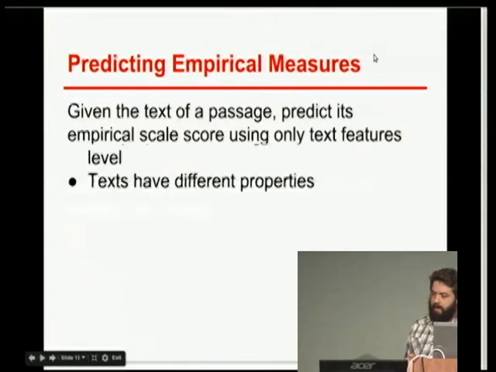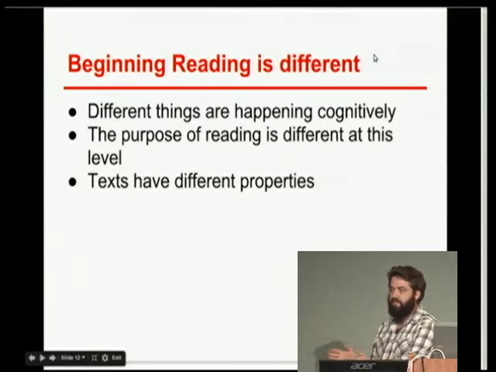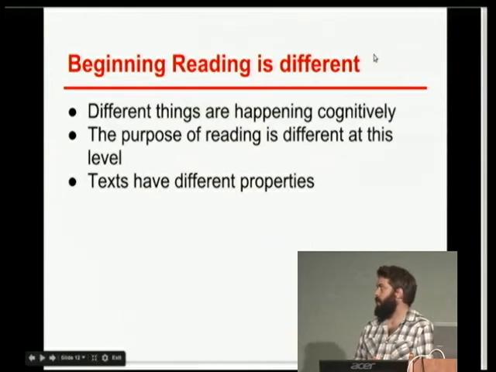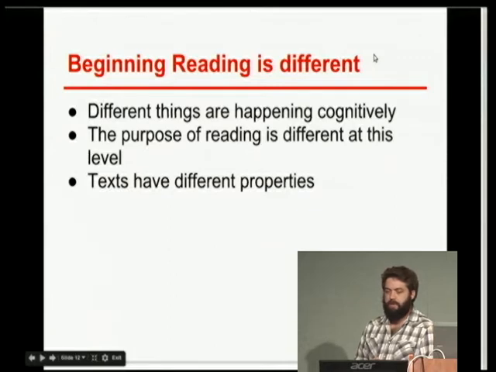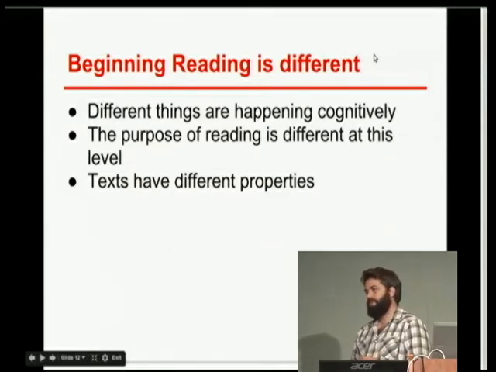So now I'll tell you a little bit about how we did our modeling. So we essentially have talked about the measurement piece of our project now, and now we're going to talk about the modeling. So there were a few guiding principles that we tried to keep in mind as we developed our text features. And the first is that beginning reading is different. And it's different for a couple of reasons.